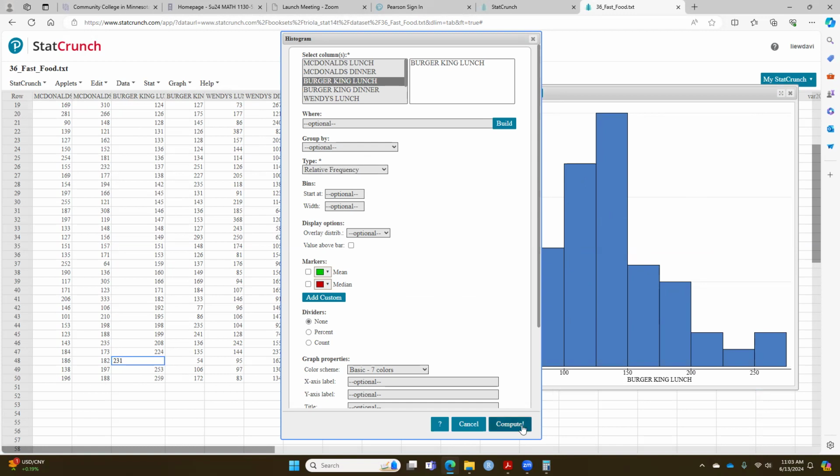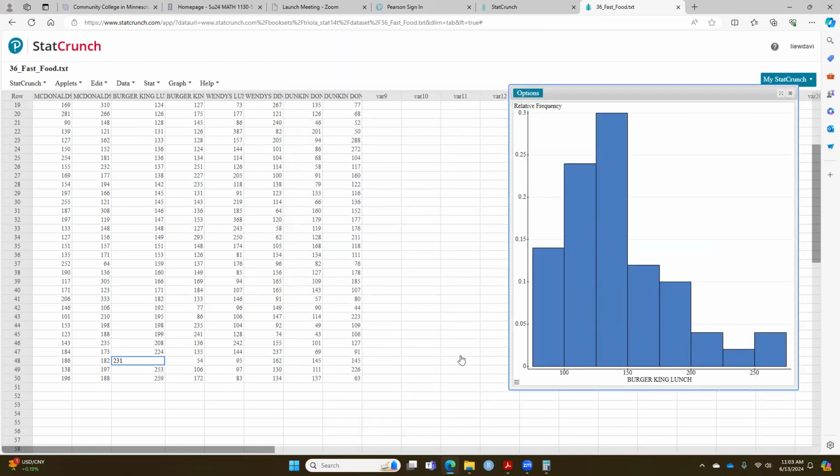Remember the shape? Is it the same shape? You find out the bar height is exactly the same. The only difference is that in this case it's no longer frequency, it's relative. Now for StatCrunch, they don't use percent, they use decimals. So for the first class, instead of 14% it is 0.14.